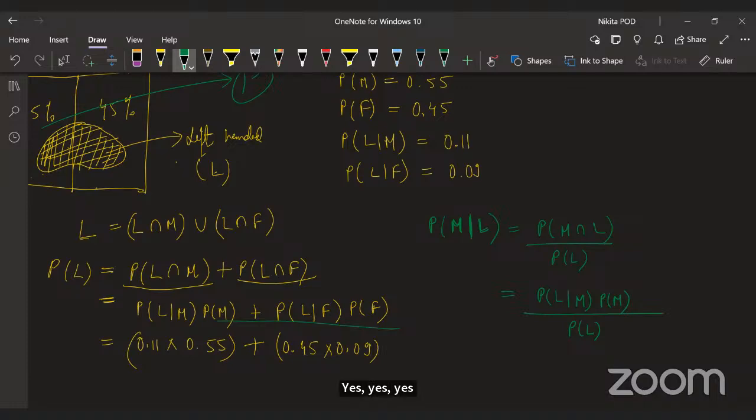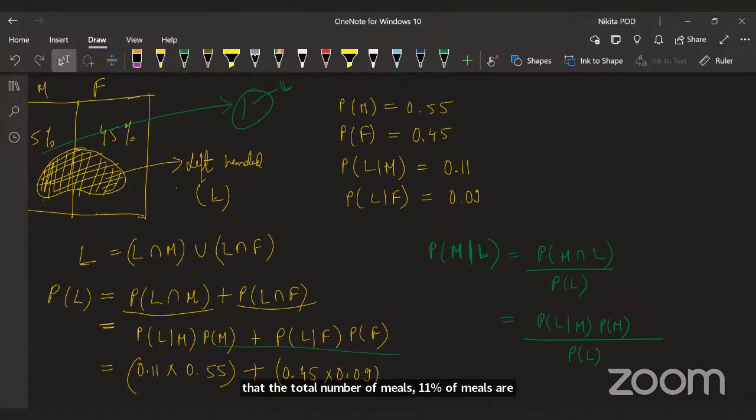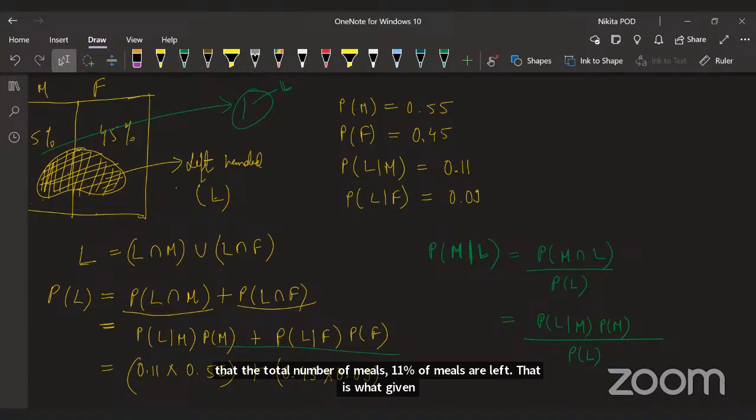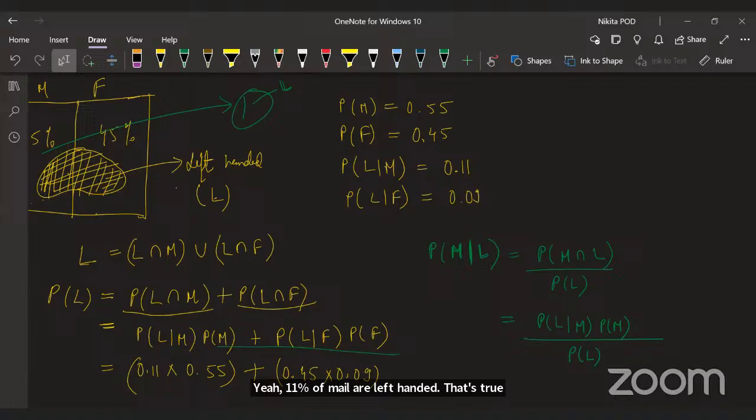I'm saying that of the total number of males, 11% of males are left-handed. That is what is given. Yeah, 11% of males are left-handed. That's true. But you wrote only 11%.